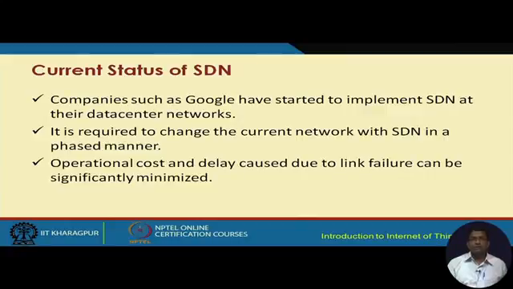It is not so simple. It has to be architected, the hardware has to support it, the software has to support it and so on. So, this has to be done in a very progressive manner, step by step. Operational cost and delay that are caused due to link failures can be significantly minimized using SDN.